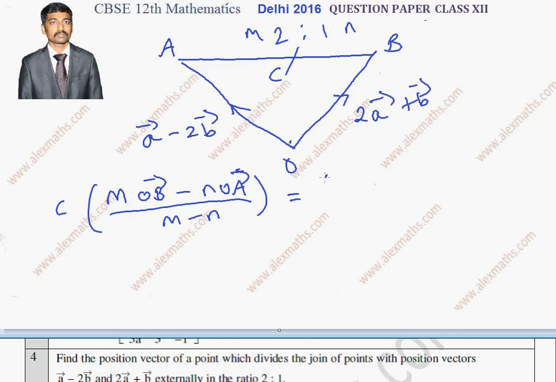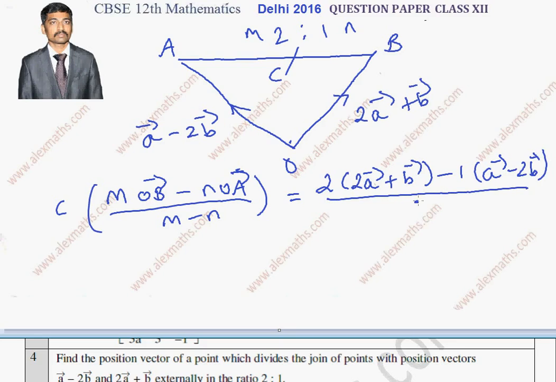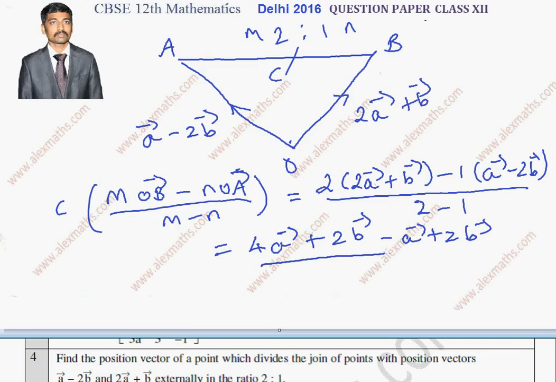So m is what? 2. 2 into 2a plus b minus 1 into a minus 2b whole divided by m minus n, which is 2 minus 1. So this is 4a vector plus 2b minus a plus 2b whole divided by 1. So answer is 3a vector plus 4b vector.